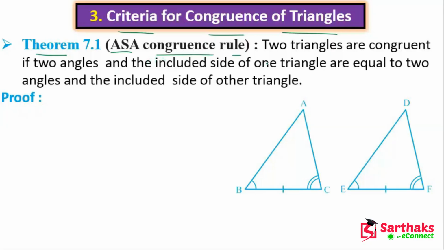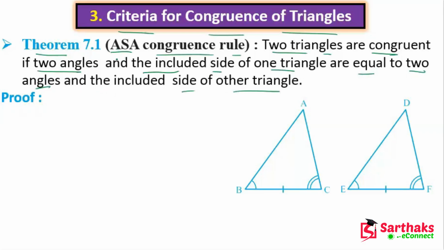What is this theorem? Two triangles are congruent if two angles and the included side of one triangle are equal to two angles and the included side of the other triangle.